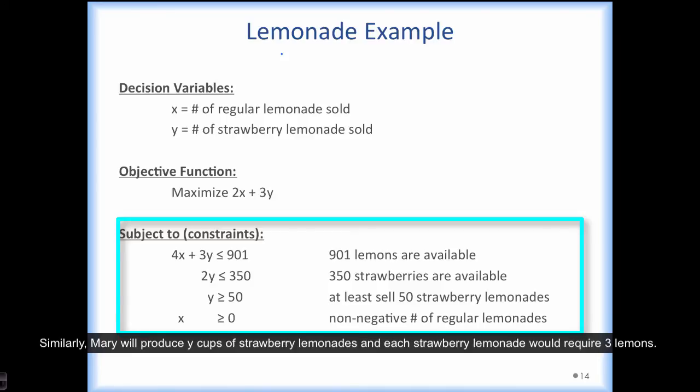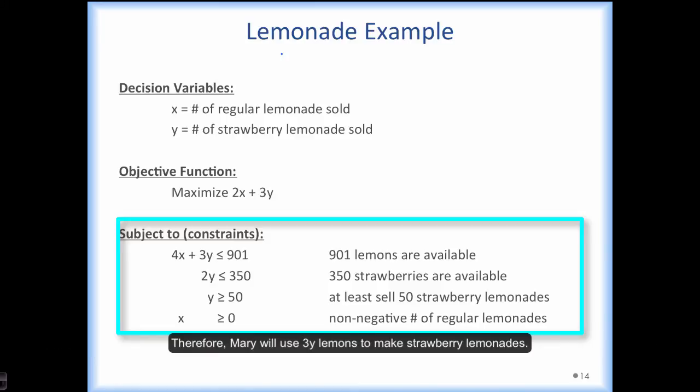Similarly, Mary will produce y cups of strawberry lemonades, and each strawberry lemonade will require 3 lemons. Therefore, Mary will use 3y lemons to make strawberry lemonades. The total number of lemons used per day will be 4x plus 3y, and this total number of lemons should not exceed the 901 lemons available to Mary per day. So the constraint for the lemons will be 4x plus 3y less than or equal to 901.